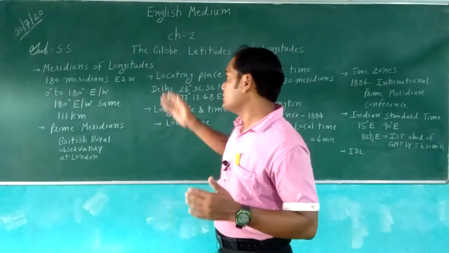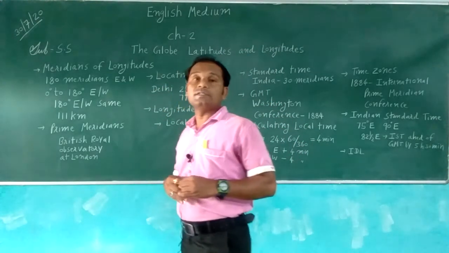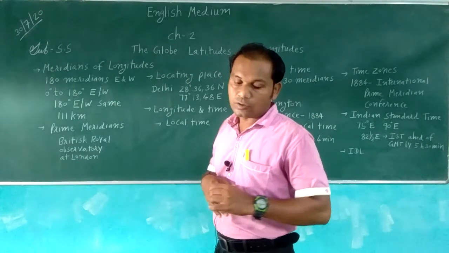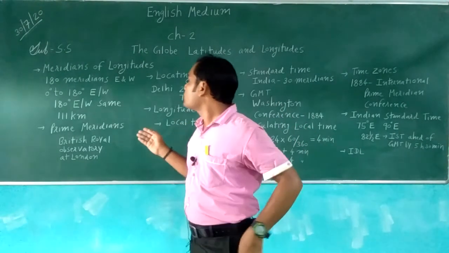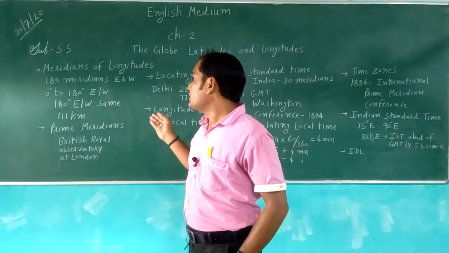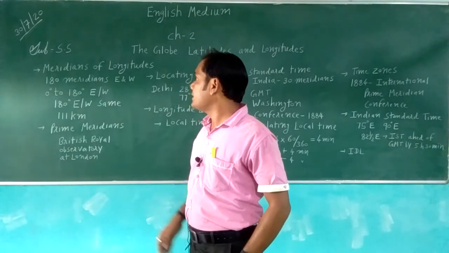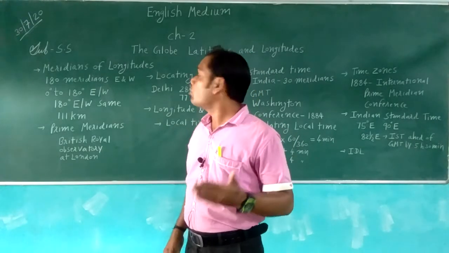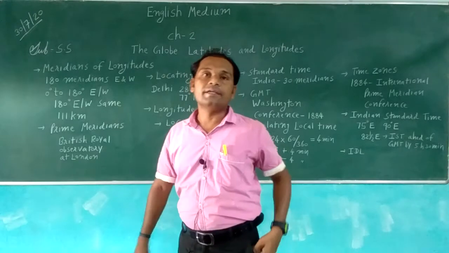In short, we can say 0 to 180 degree east and 0 to 180 degree west are the meridians. 180 degree east and 180 degree west are the same meridian.